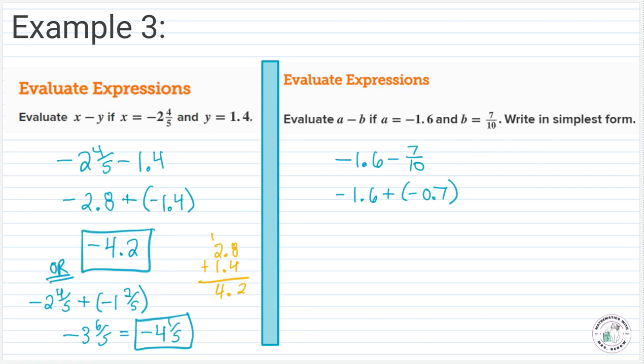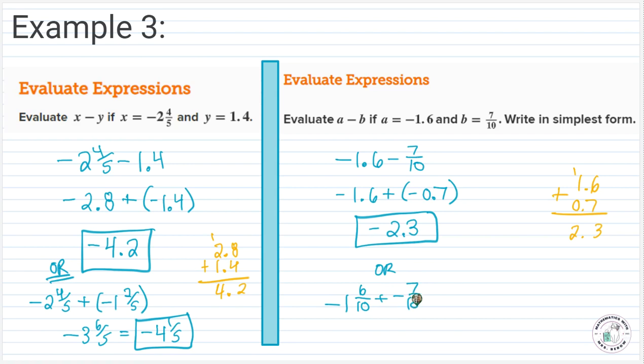All right, and now we're just going to add like normal. So the 1.6 plus 0.7 essentially is the math that we're going to be doing. Again, if you want to show that off to the side, just in case you need to see that worked out, it's going to end up being 2.3. But again, it's going to be a negative because we had the same sign, so you just add like normal and keep the sign. Now, if we were going to use fractions on this one, you are going to have -1 and 6/10 plus, again, this -7/10.